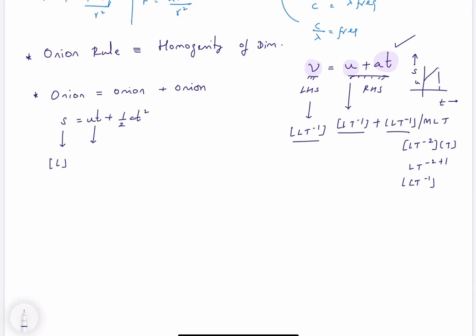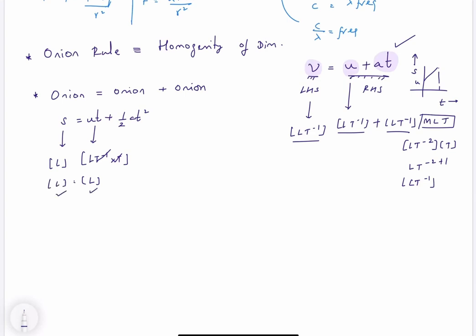Express in form of M, L, and T. How do you do that? What is U? Initial velocity. What is velocity? Velocity family. So LT power minus 1. Into, there is a t, which is nothing but time. So T power minus 1, this gets cancelled. Hey, wow, I got length. Nothing but the length family. So this onion is satisfied.